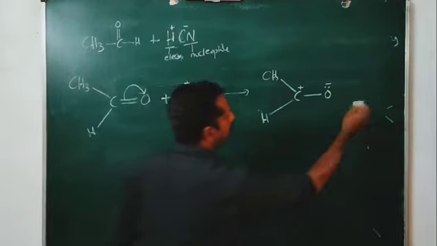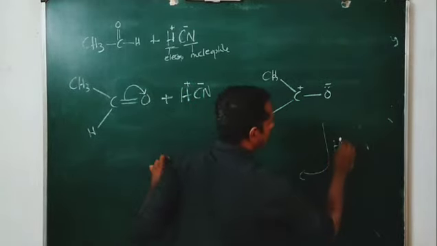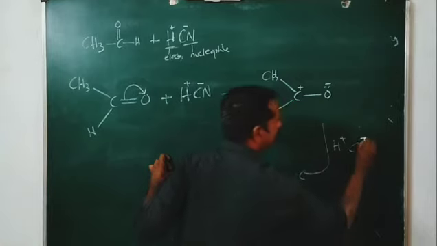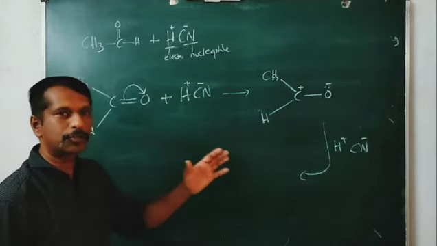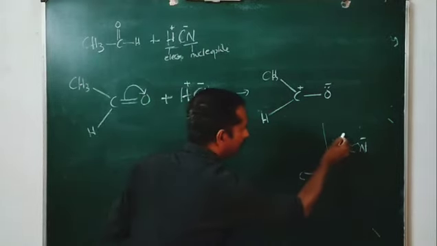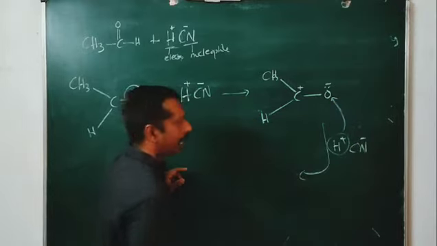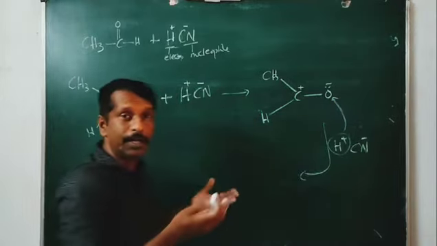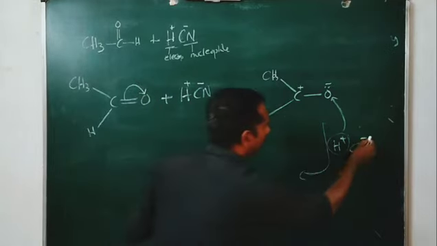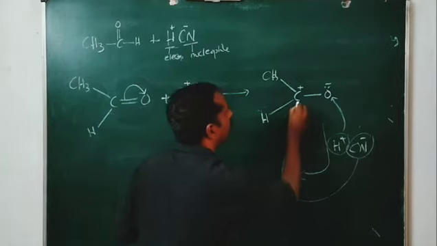And this is our reagent, H plus and CN minus. What do you mean by positive electromeric effect? The electrophile will attack the negative part of the structure. And what do you mean by negative electromeric effect? The nucleophile will attack the positively charged part.